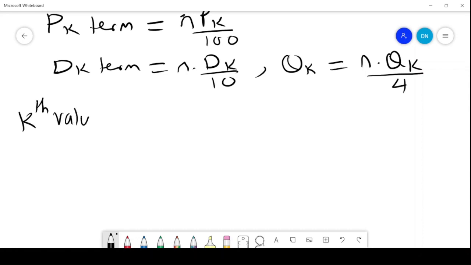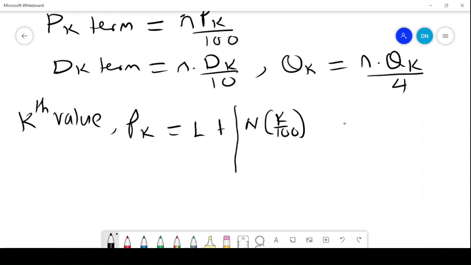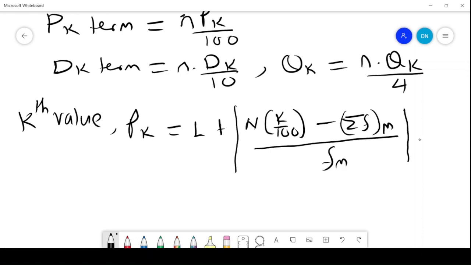The kth value, which is Pk, will be given by L plus (n times k over 100 minus the summation of the frequencies before the median class) divided by the frequency of the median class. That is the formulation that we would want to use.